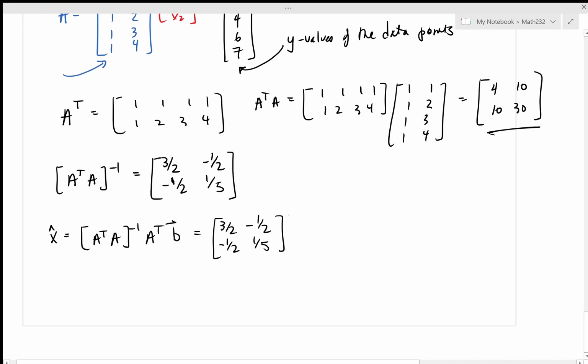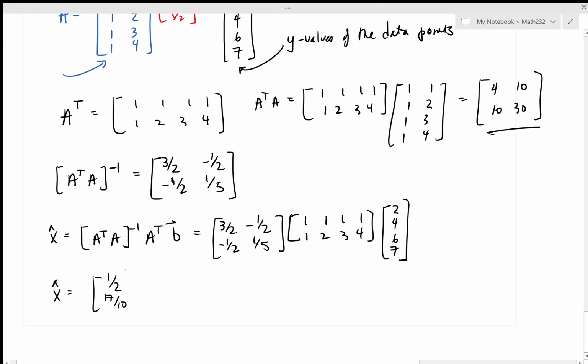I'm going to multiply that by A transpose, and I'm going to multiply that whole thing by B. Okay, I do that computation, and I find out that x hat is equal to 1 half and 17/10.